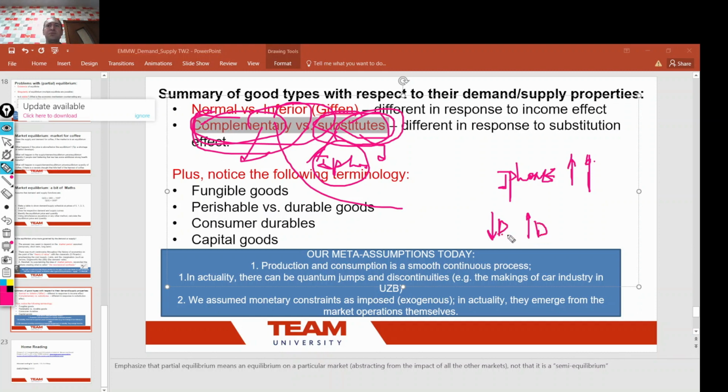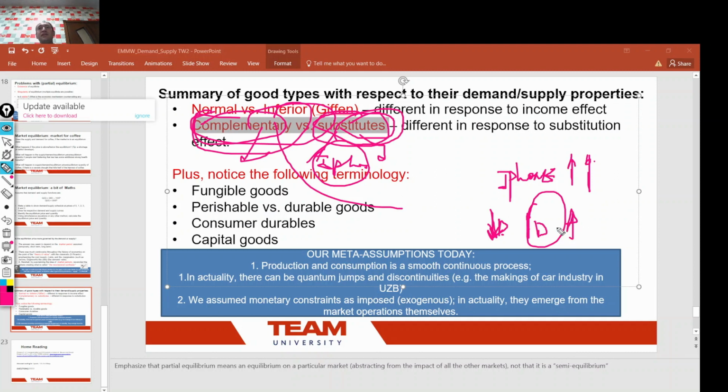So if the price for one substitute item increases and demand drops down, then the demand for the substitute good increases. The demand for the first declines, but it's then the turn for the demand for the substitute good to increase, right?